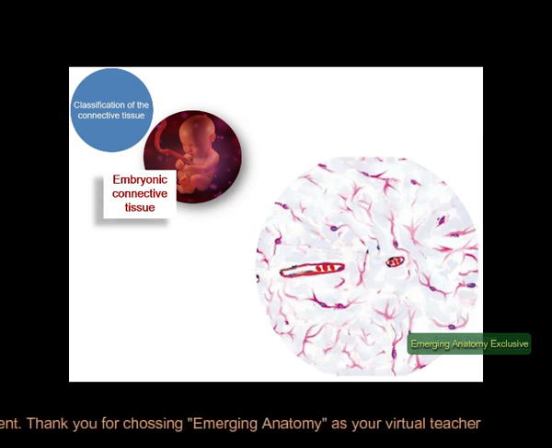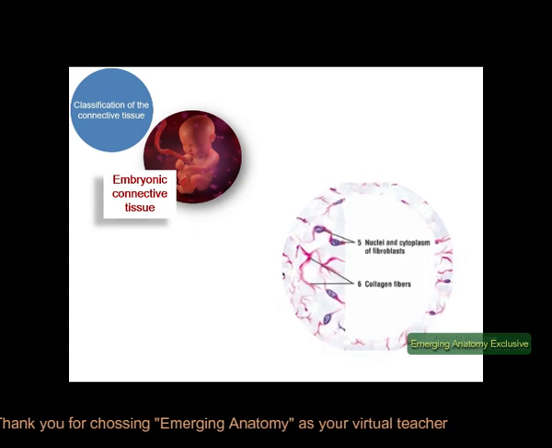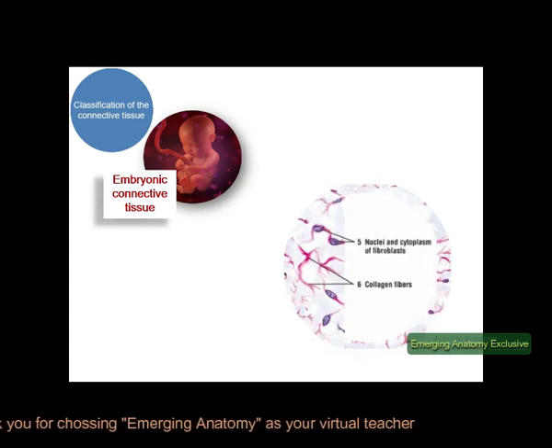Now go for a higher magnification. Here primitive fibroblasts are seen as large branching cells with cytoplasm, prominent cytoplasmic processes, an ovoid nucleus with fine chromatin and one or more nucleoli. The widely separated collagen fibers are more apparent at this magnification.